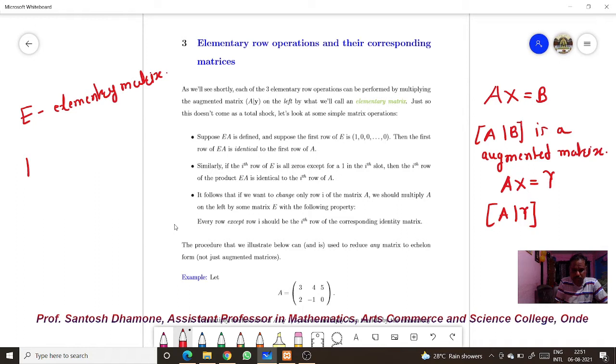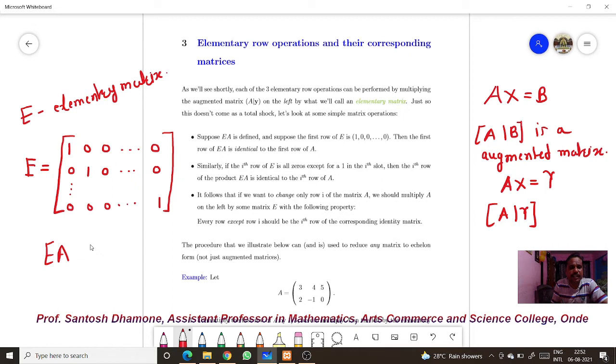This is the general form of an elementary matrix. So the first row of EA is identical to the first row of matrix A.